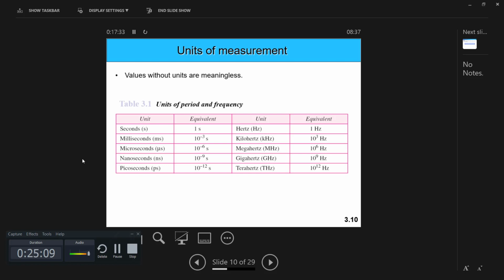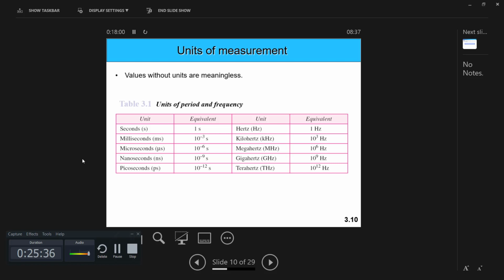Okay, so a period, I can give you the period in seconds, in milliseconds, which is 10 to the power minus 3 of seconds, or in microseconds. The same for hertz: it can be in hertz, in kilohertz, 10 to the power 3, or in megahertz, 10 to the power 6. So it's very important to know, if I give you hertz and ask you about kilohertz, how to change, and so on.